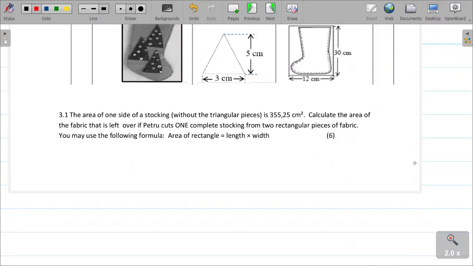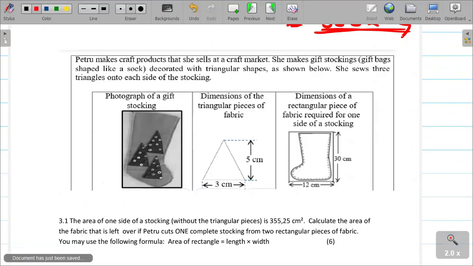And then the next question is saying, Petros makes crafty products that she sells at a craft market. She makes gift stockings, such as gift bags shaped like a sock, decorated with triangular shapes as shown below. She sews 3 triangles on each side of the stocking.